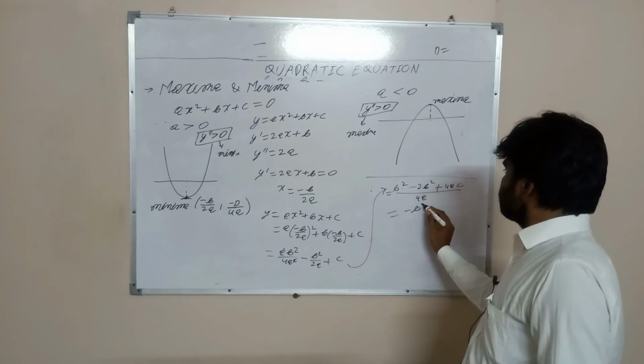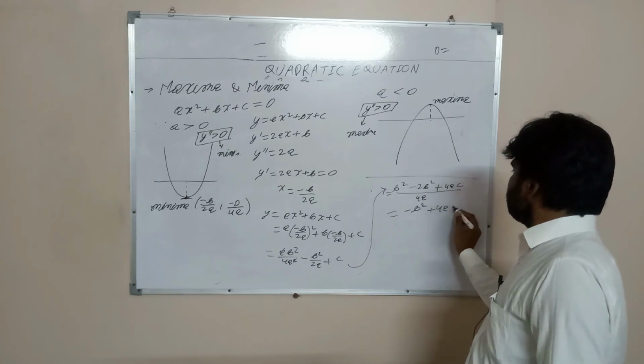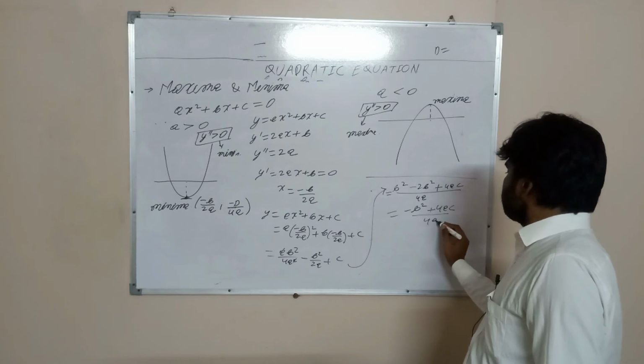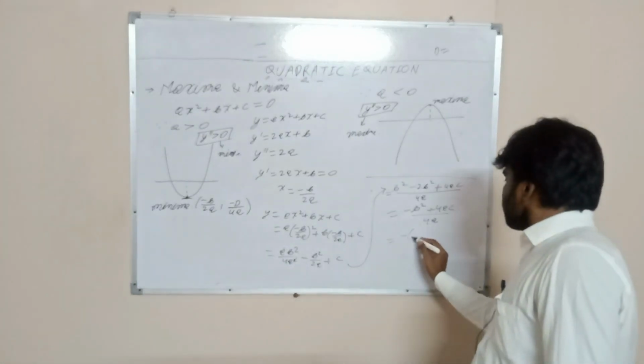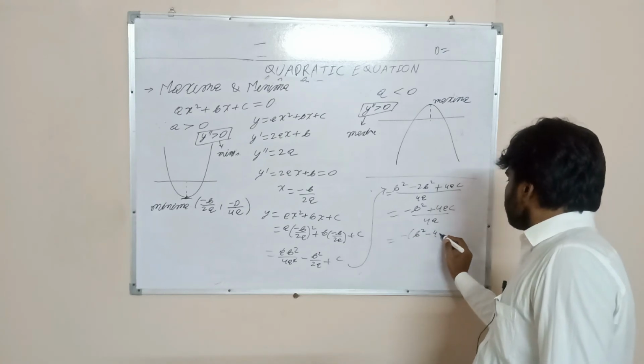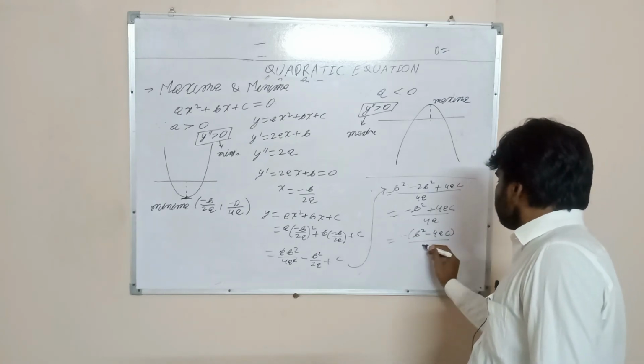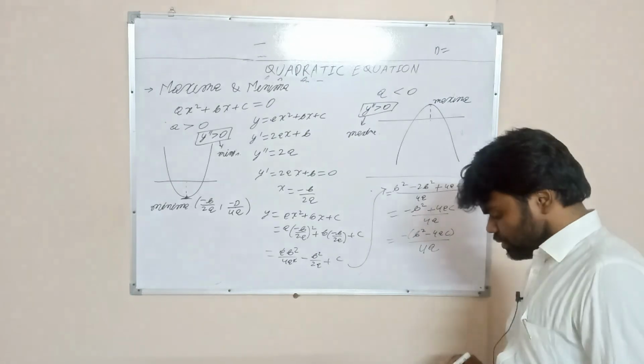So minus b square plus 4ac divided by 4a. Minus can be taken common: minus b square minus 4ac upon 4a.